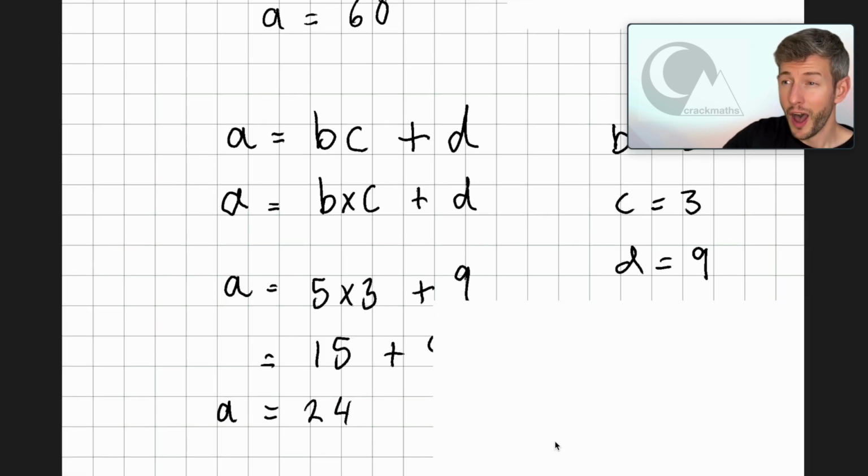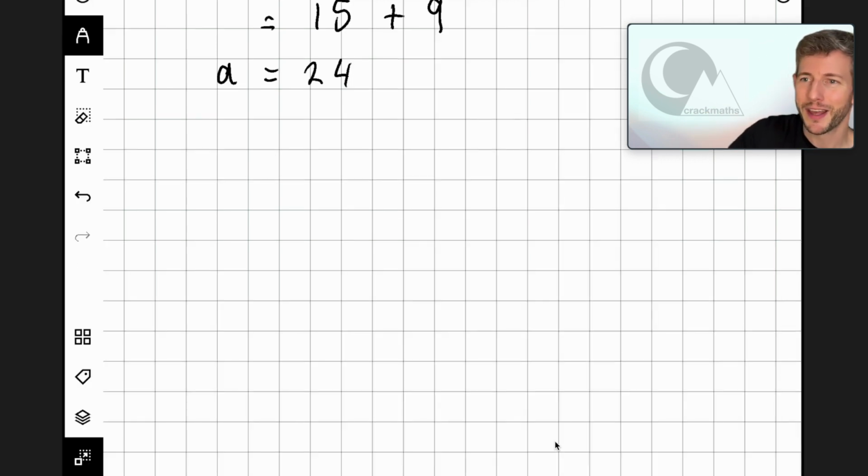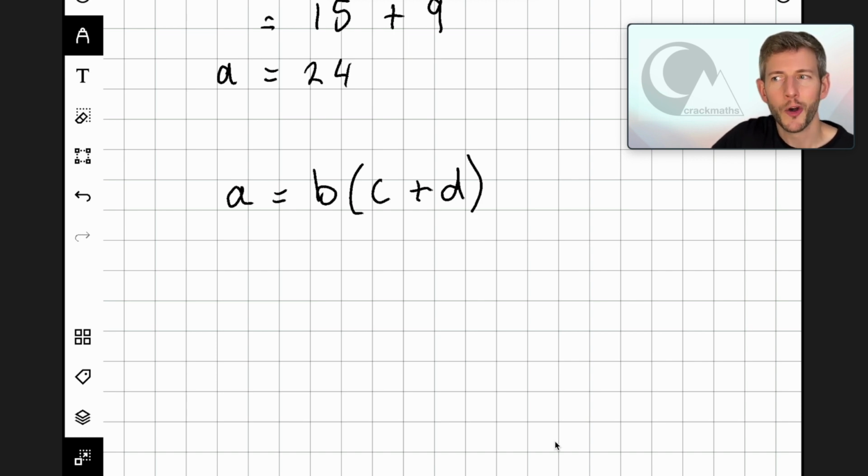Okay, I want to try another formula as well, still using symbols, but involving brackets, okay? So let's say this time, A equals B lots of C plus D. Now, if you see a letter or a number written directly next to a bracket, that means we're multiplying them together as well.